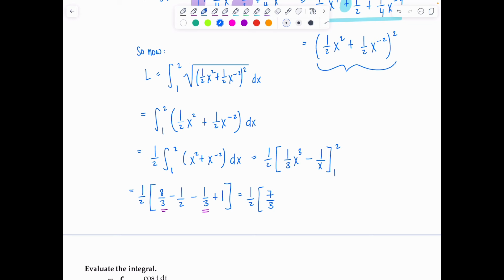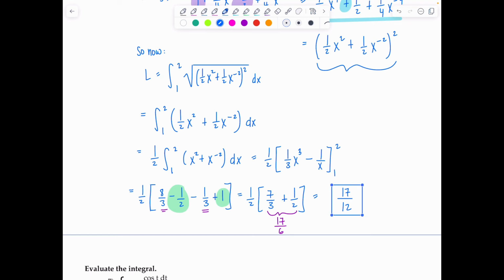And then negative 1/2 plus 1, that's positive 1/2. Okay, inside, what do we have? So inside, this is going to be 14 plus 3 divided by 6. So this is 17 over 6 inside, times 1/2 gives me 17 over 12.